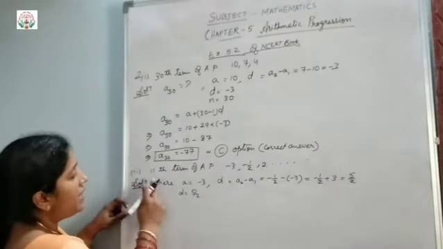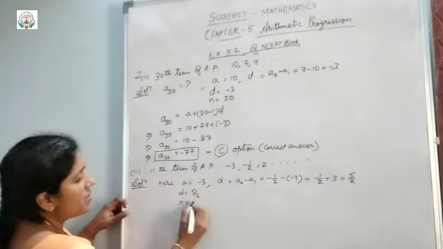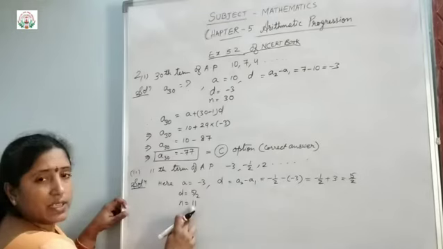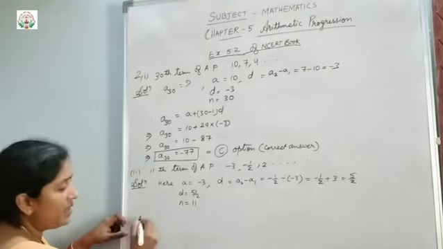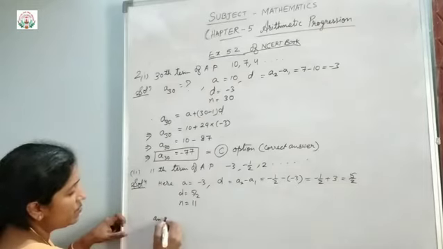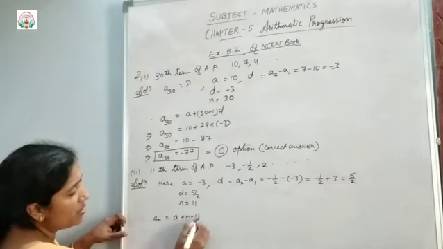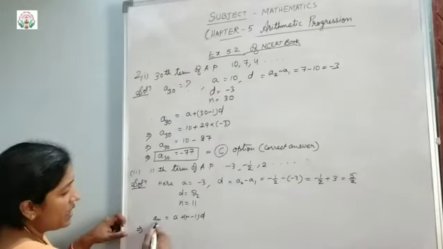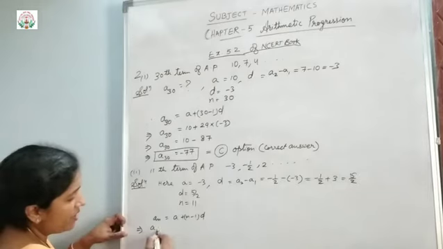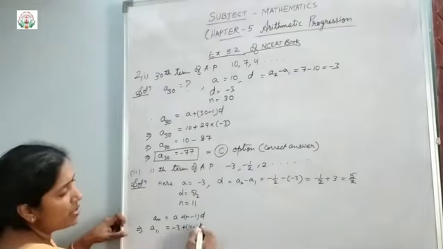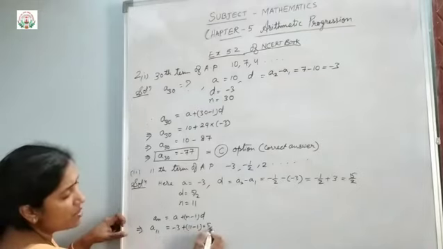And N is given as 11, because the 11th term you have to find. So N is 11. So here you can write again which formula? The nth term formula: an equals a plus n minus 1 into d. Now substitute these values here. What you will get? An means A11. The 11th term equals a value is minus 3 plus n which is 11 minus 1 into d which is 5 upon 2.